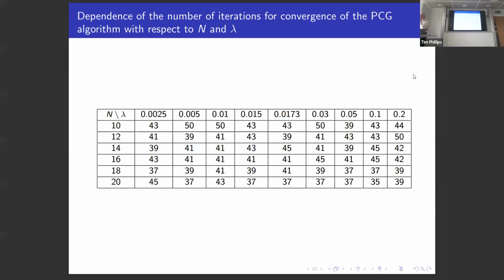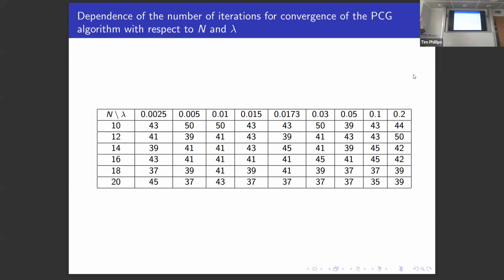So here we're looking at different values of lambda. Remember, lambda is the parameter that multiplies the divergence of the pressure that occurs on the right-hand side of the conservation of mass. N is the order of the spectral approximation. And this gives the number of preconditioned conjugate gradient iterations to reach convergence for this parameter range.